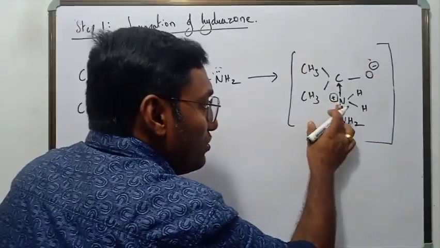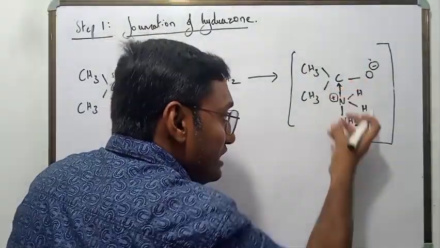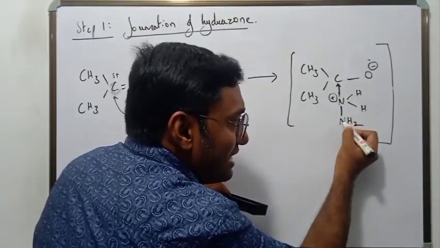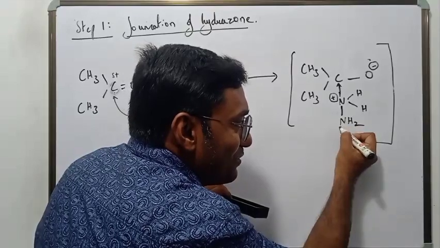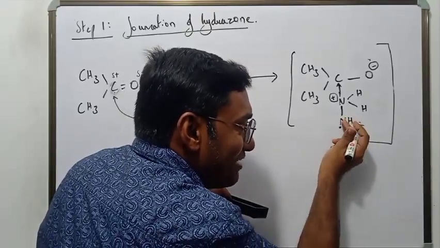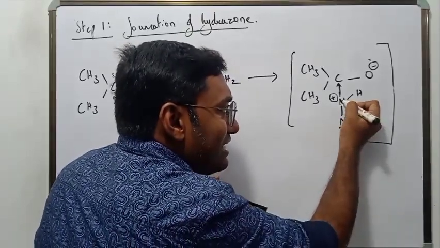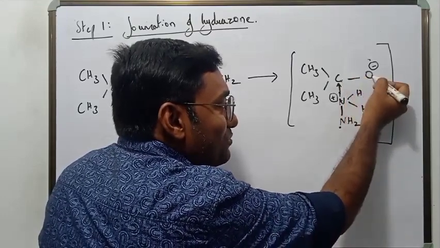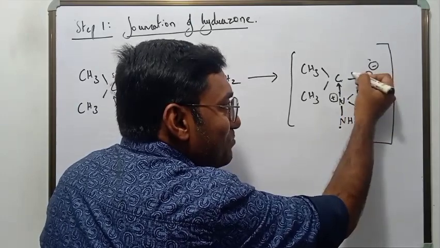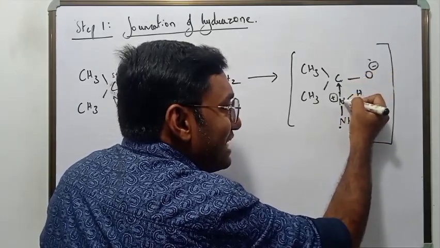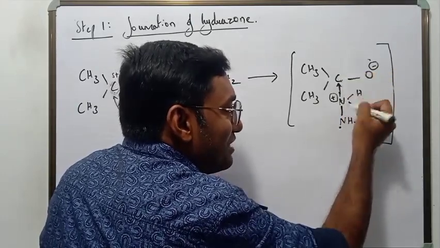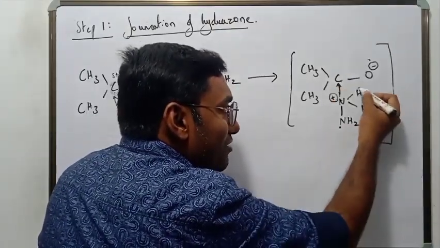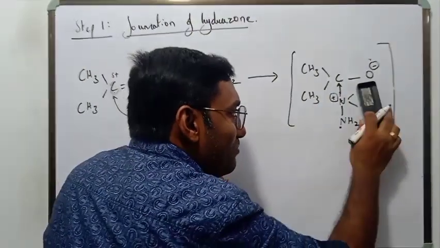So nitrogen needs to take electrons from somewhere. It can't take from this nitrogen because this nitrogen is also electronegative. It can't take from this carbon because carbon is attached to another electronegative atom which is pulling its electrons. The only option it has is to take the electron pair from this hydrogen and eliminate this hydrogen.